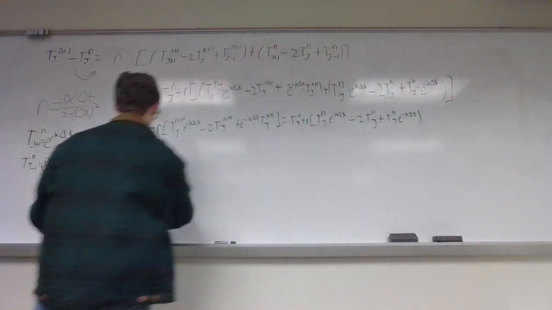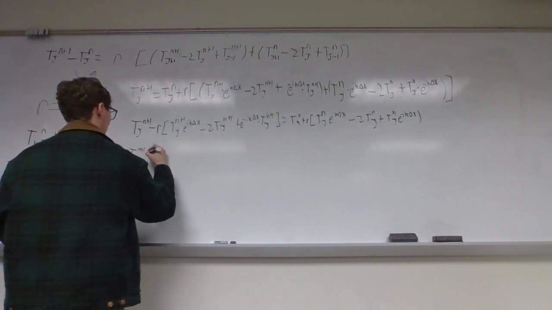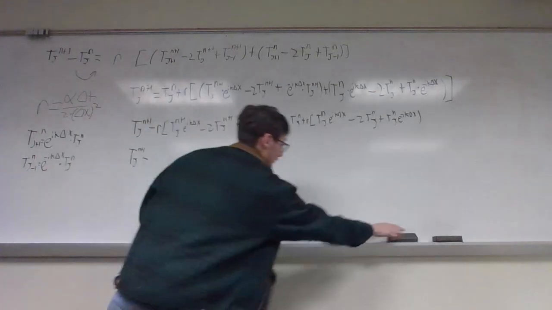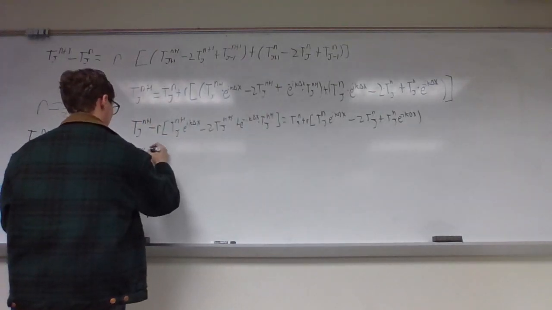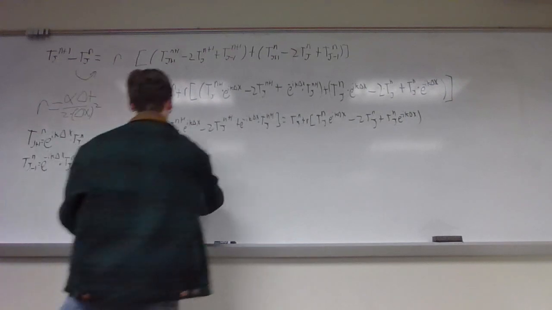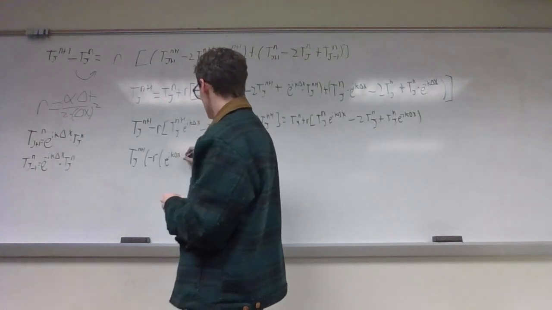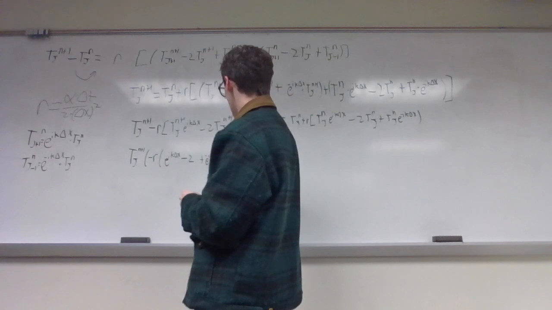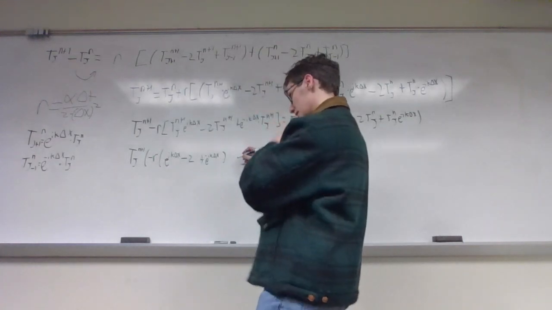So, we have our tjn plus 1 minus, okay. Then we're going to factor a negative r out. We have e I k delta x minus 2 plus e negative I k delta x. Right?